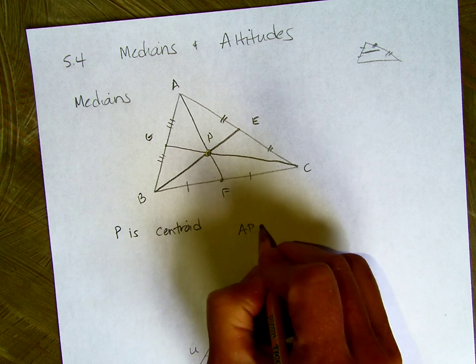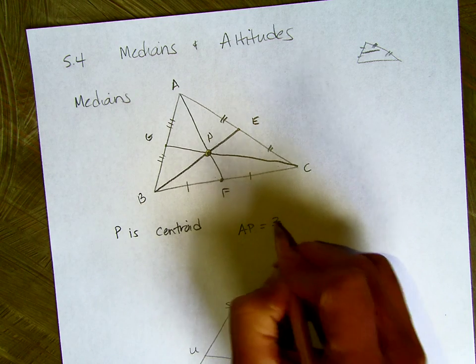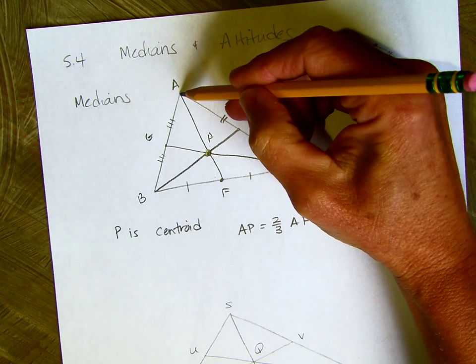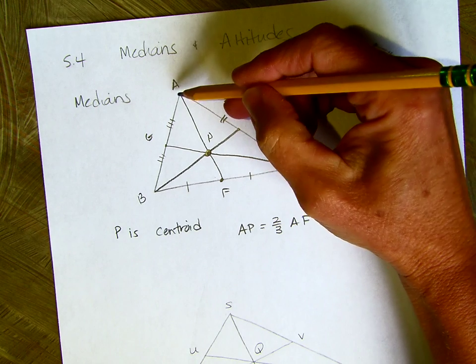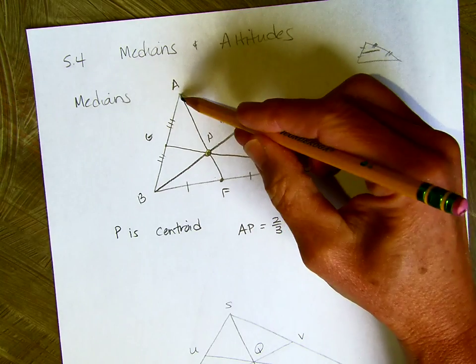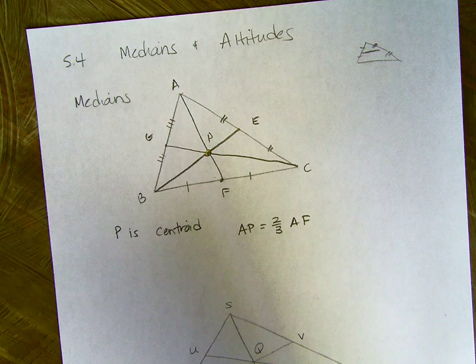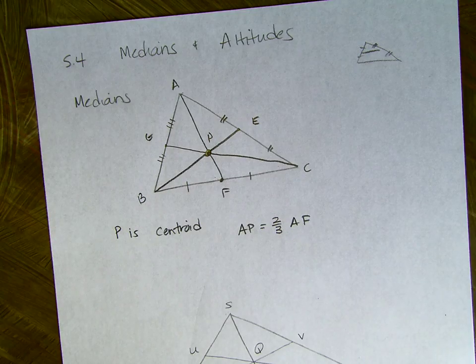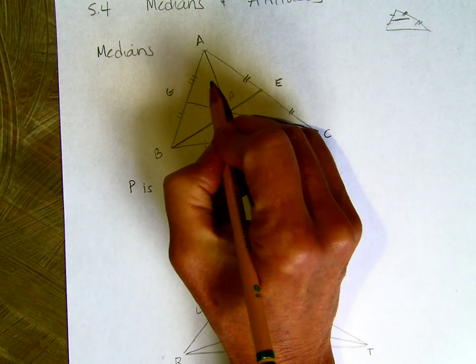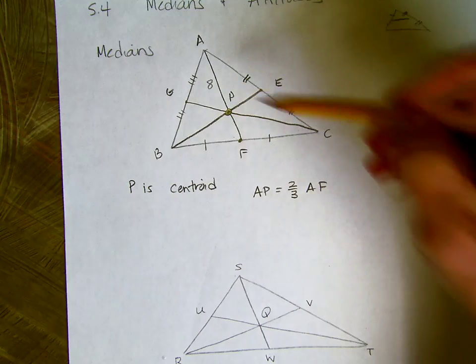Specifically for the centroid, AP is 2/3 AF. So from the vertex, this can be a little confusing, from the vertex to the centroid is 2/3 of the median. And actually, if you break it down, it makes it a little bit simpler.